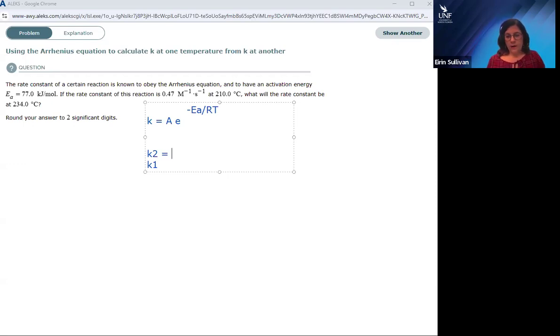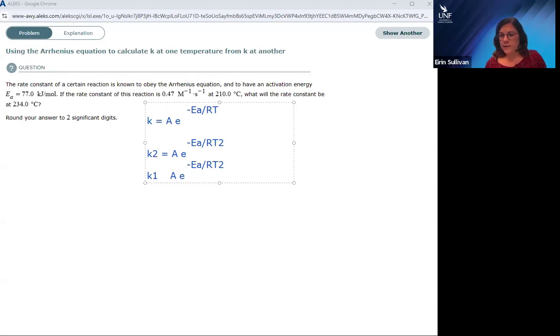Then we can write A e to the power of minus Ea, the activation energy, over R T1 for k1, and A e to the power of minus Ea over R T2 for k2.